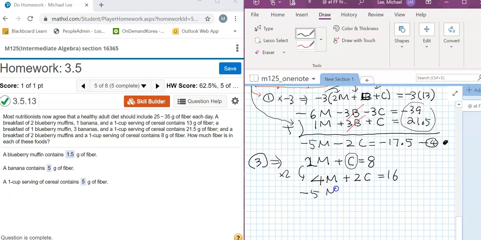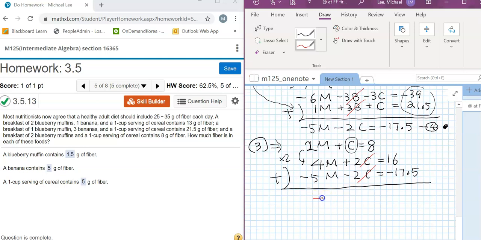Negative 5m minus 2c equals negative 17.5. Why? I'm going to add, and when I add, these get canceled. So negative m equals negative 1.5.